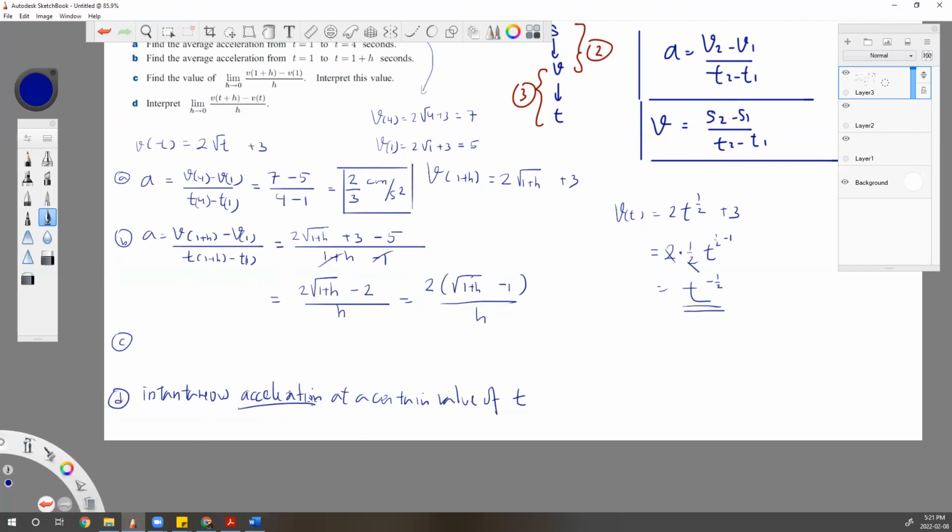Okay, so let's think of question C. Find the value of the limit of this when h equals 0. We have the answer here, but I don't think we can delete anything.